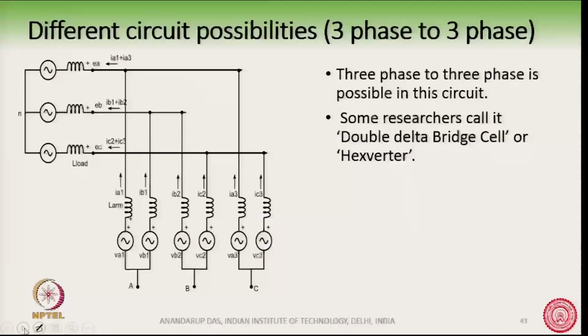Here we are giving a circulating current path in this double delta bridge cell.